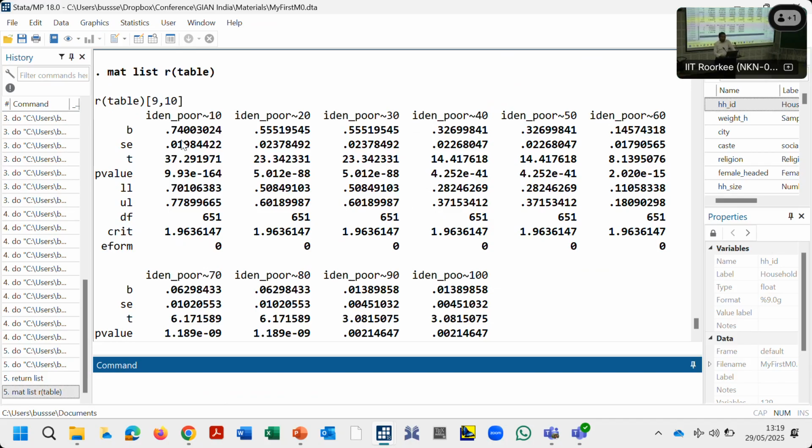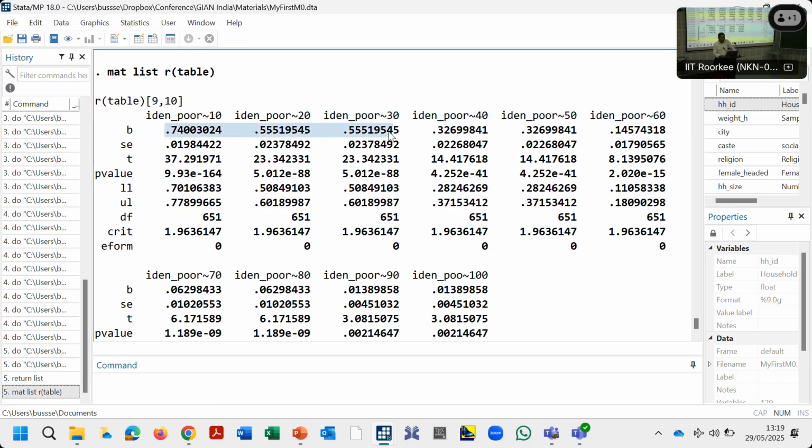In the first one, this B is the estimate of the multidimensional headcount ratio for all 10 cutoffs. These are all multidimensional headcount ratios for different cutoffs, right? Then you have the standard error saved. Then you have the lower bounds saved here.